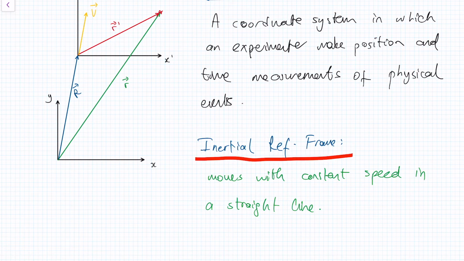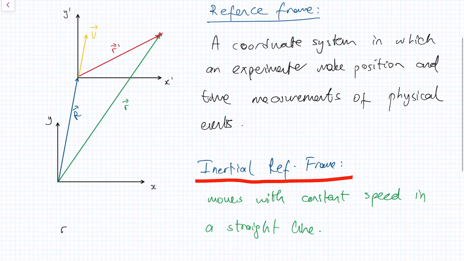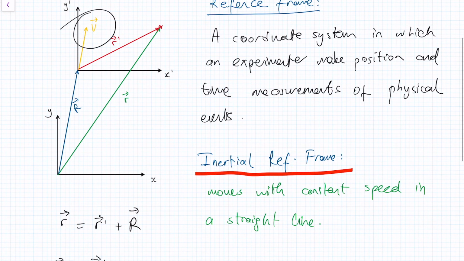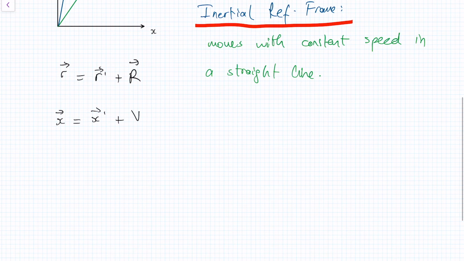Now, why is it important? Well, we've discussed in the previous video that Newton's laws are valid in these reference frames, in other words, in inertial reference frames. Just a quick recap. Looking at the diagram of the two observers, we had r is equal to r dashed plus R. If this motion is taking place along the x direction, you have x is equal to x dashed plus v times t, where v is the velocity along the x direction, multiplied by time.